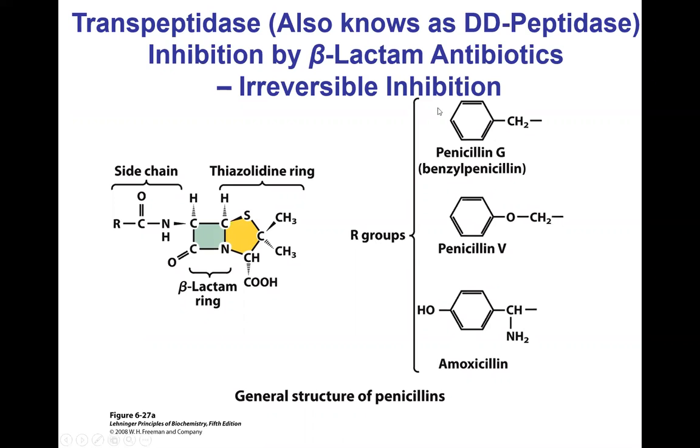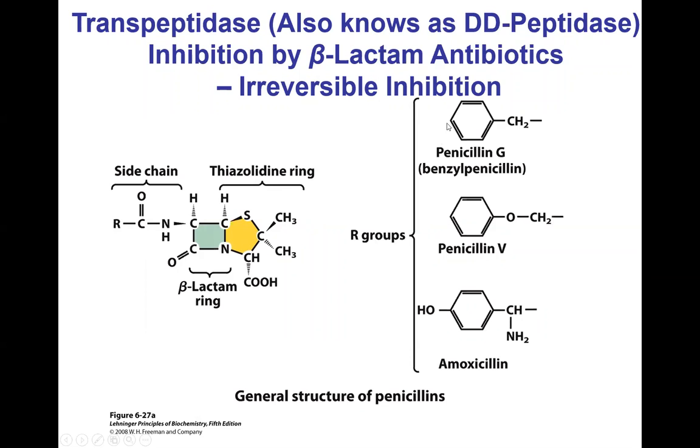So penicillin G, the penicillin structure, is shown here. You can see there is a side chain and there is a beta lactam ring, what I call the business end of the molecule, a very sterically constrained beta lactam ring, covalently fused to the 5-membered thiazolidine ring right here. So that's the basic structure of penicillin.